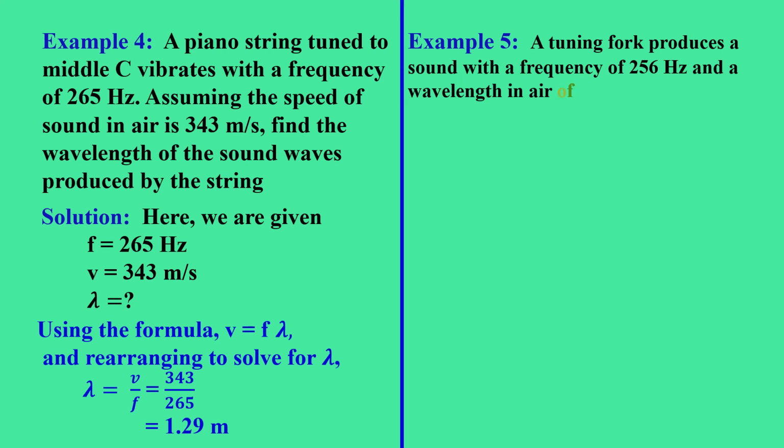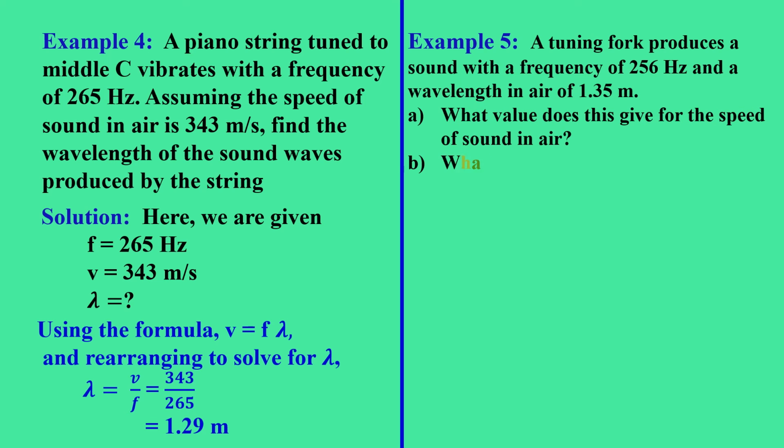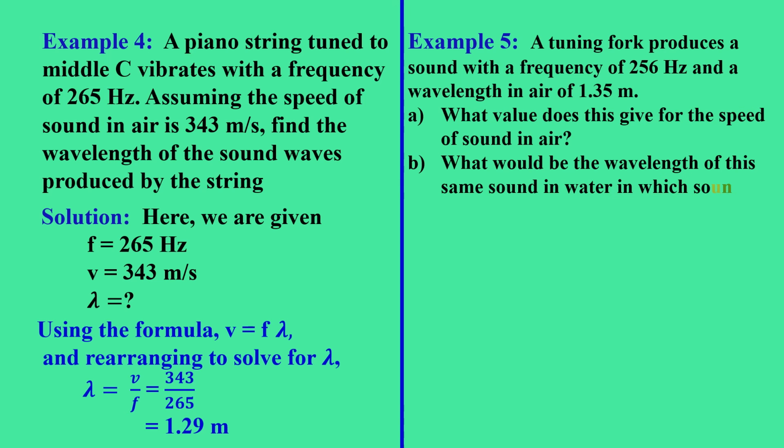Example number 5. A tuning fork produces a sound with a frequency of 256 Hz and a wavelength in air of 1.35 meters. Letter A. What value does this give for the speed of sound in air? And letter B, what would be the wavelength of the same sound in water in which sound travels at 1,500 meters per second?